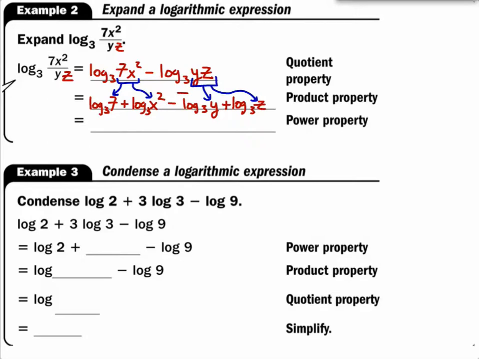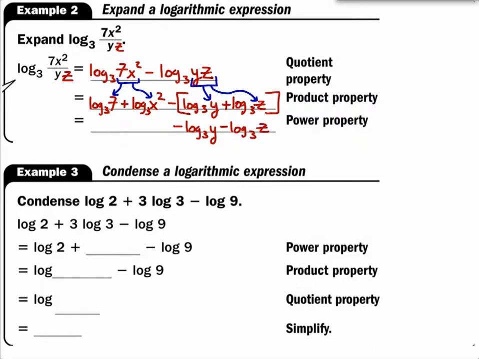This was all being subtracted before, so boom, boom, boom, it needs parentheses around it. I drew brackets to be dramatic, but parentheses are just fine. And the reason why is because that negative actually distributes. It's negative log base 3 of y minus log base 3 of z.